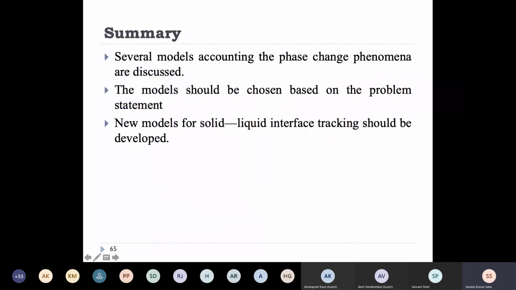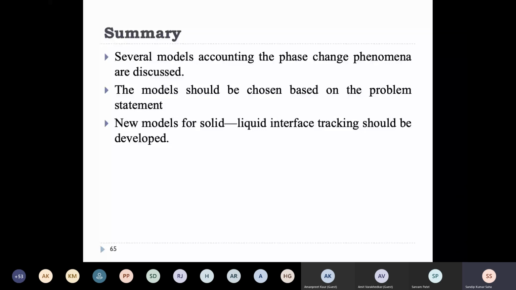So the summary is that I have discussed several models for pure materials. Now the model has to be chosen for a specific problem, depending on what type of problem you are solving. The phase change model is always available, but you can improve that model also, like a thermal temperature transformation model, and you can incorporate that type of model.